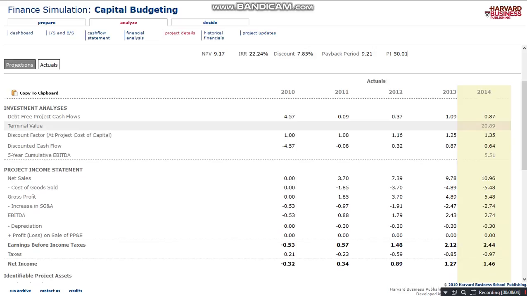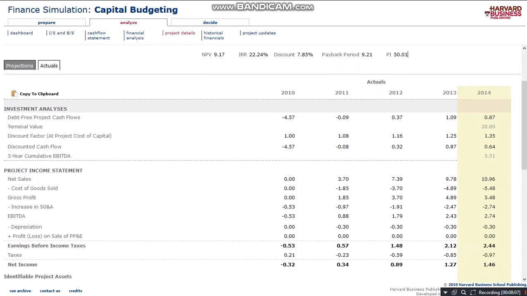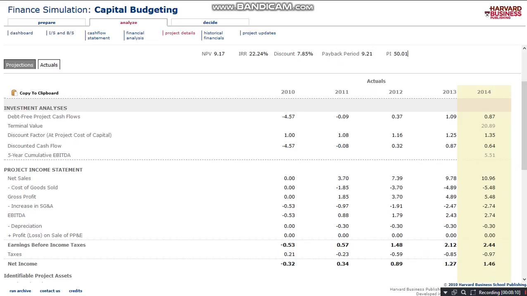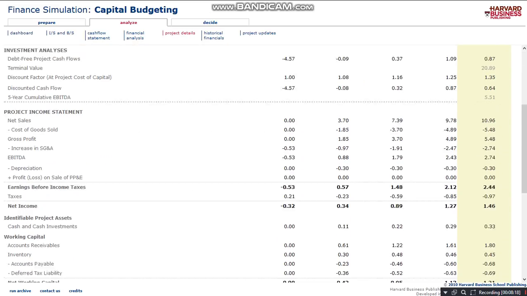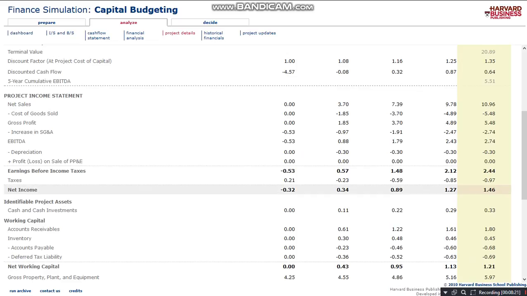So if I also take a look down at the investment analysis, I can see what the project would be like for the income statement. The net income for this one in the year of 2010 would be going down, because when the project just started, some of them are not expected to gain a return in the short term. But in the future they will return more of the amounts that we actually invested.